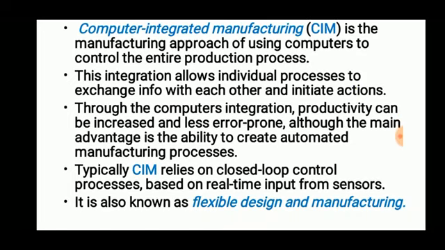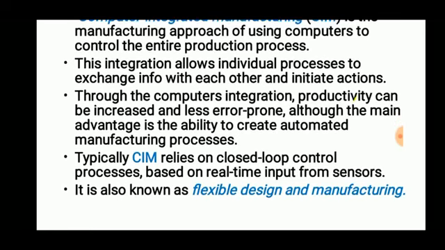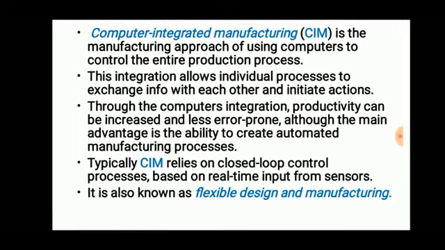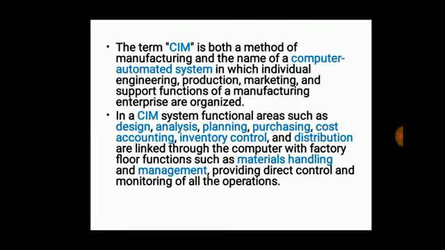Through computer integration productivity increases, errors are minimized, and the ability to create automated manufacturing processes will help the industry run in the easiest way. SIM relies on a closed loop control process based on real time input from sensors, so there will be no difficulty in this SIM.